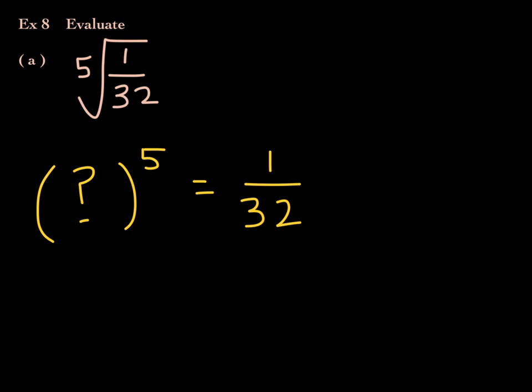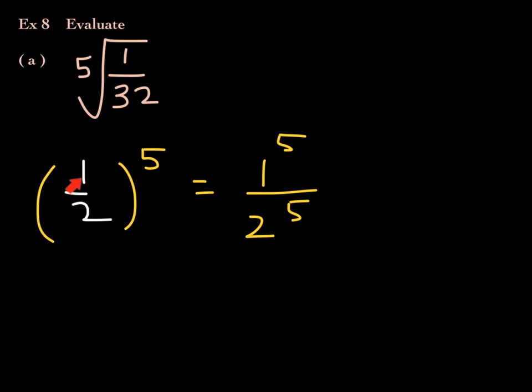The answer is 1/2, and let me show you how I know that. 1/2 raised to the fifth power would be 1 raised to the fifth power over 2 raised to the fifth power, because you have to raise the numerator and the denominator to the power of 5. We all know that 1 to the fifth power just means 1 times 1 times 1 times 1 times 1, which is 1. And 2 to the fifth power is 2 times 2 times 2 times 2 times 2, which is 32.